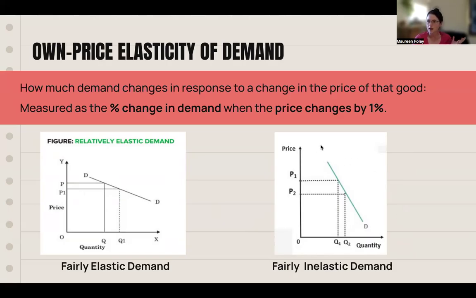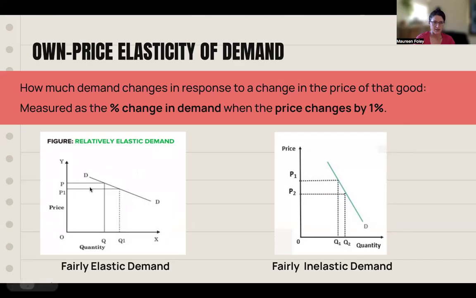And that tells us a lot about the elasticity of the good. It tells us a lot about how much a change in price affects the quantity that people want, or that people demand. So a good that is fairly elastic, this curve is gently sloping. It's closer to that horizontal line that we saw in the perfectly elastic demand example.